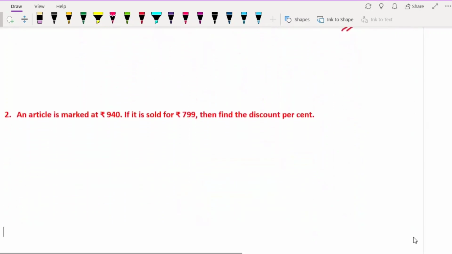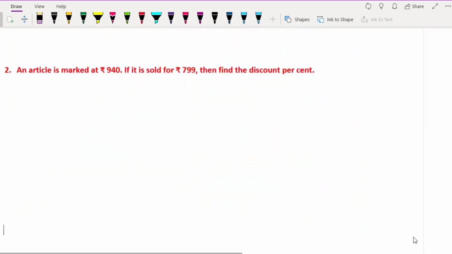And here is our second question. It's very simple. They have given the marked price in the question. The marked price of an article is 940. Let us write down the given data.